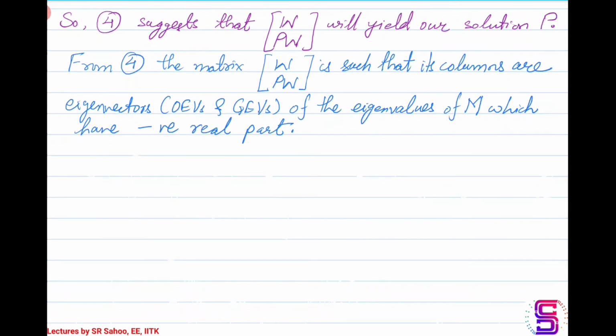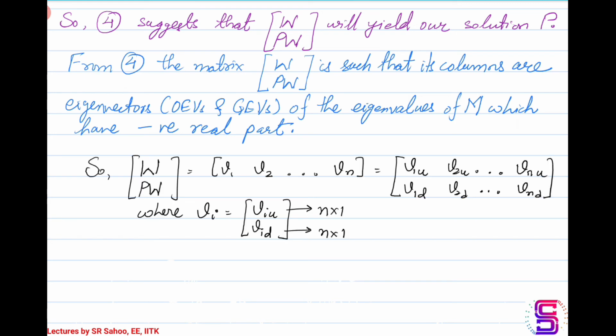This is based on the discussions that we had in an earlier lecture on eigenvectors and eigenvalues, basically the Jordan forms. Given that WPW is a matrix whose columns are the eigenvectors corresponding to the eigenvalues with negative real part, I can write it in this particular form.